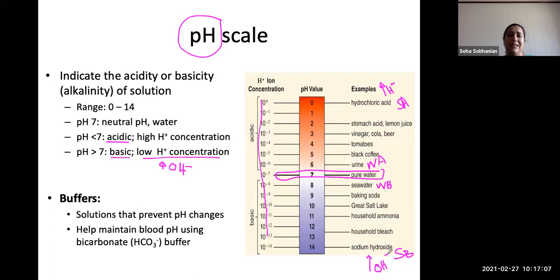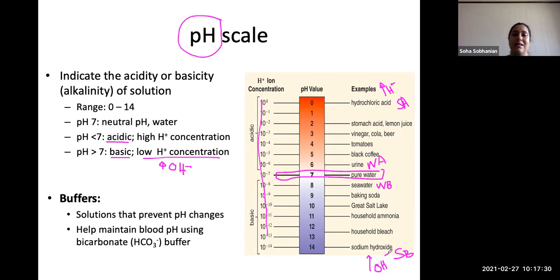And then last but not least, buffers. You're going to hear the word buffer a lot when we talk about blood. Buffer is basically what prevents a significant fluctuation in your blood pH or your pH in general. We have a very exam question, guys. Highlight it for yourself. What is the buffer we have in our system?